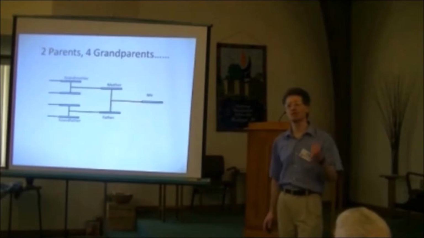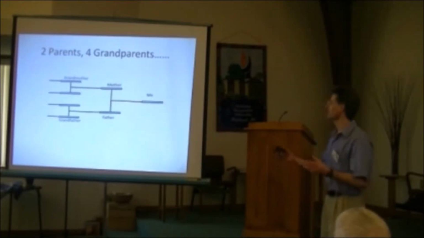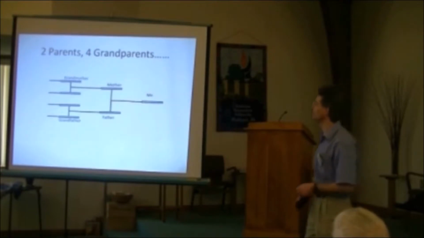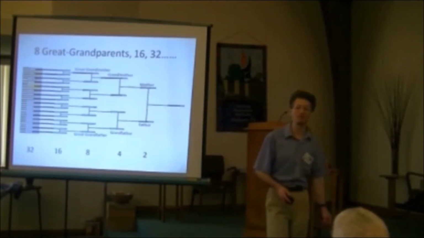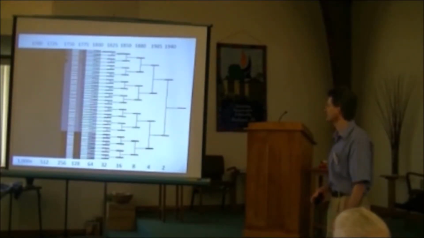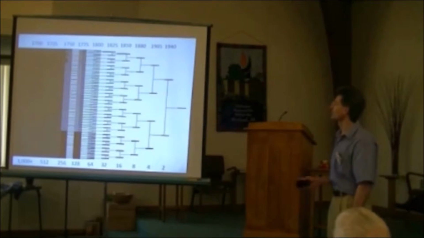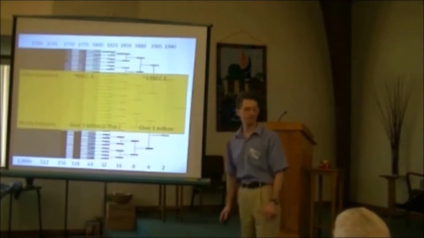Well, if we look at the number of ancestors we have, you can look at me, and I've got a mother and a father, and 4 grandparents, and 8 great-grandparents, and 16 great-great-grandparents. You can see these numbers get huge in an awful hurry. So you go back just a few hundred years, and you've got thousands of ancestors.